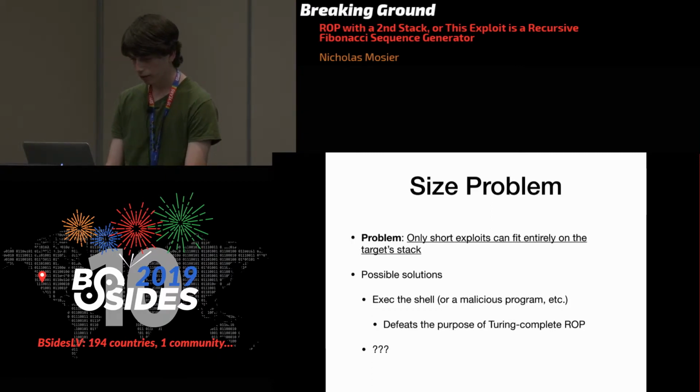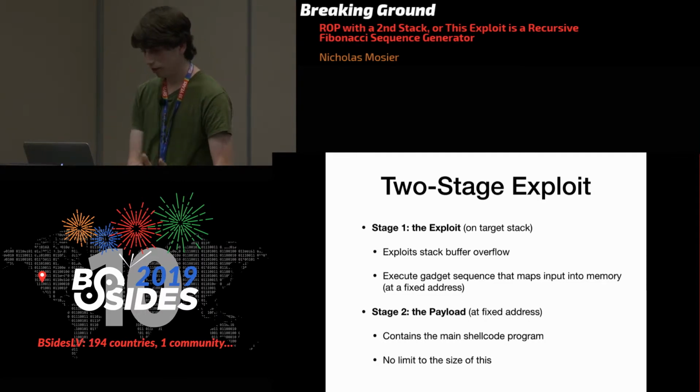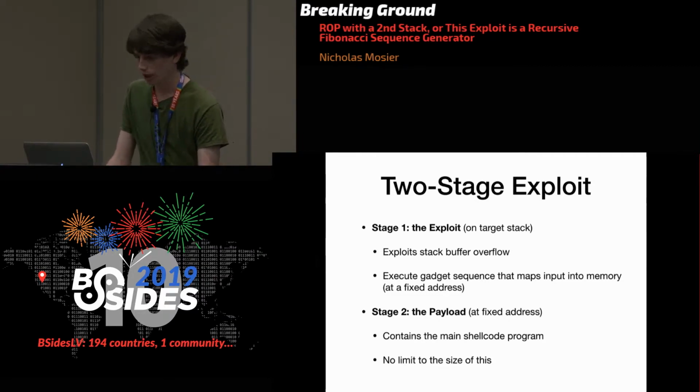So the solution isn't immediately clear, but the solution I came up with was actually to split the exploit into 2 different stages. So the first stage is the exploit. It just does the bare minimum of behind-the-scenes setup to get the program initialized. So it'll initialize the shellcode stack, and then it'll map the rest of the shellcode into memory at a fixed address.